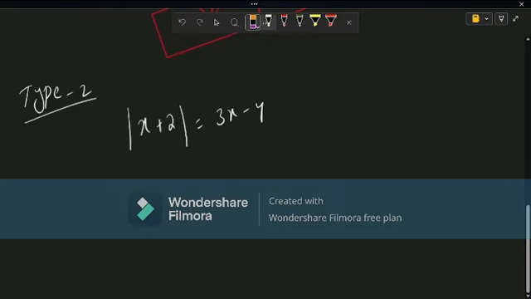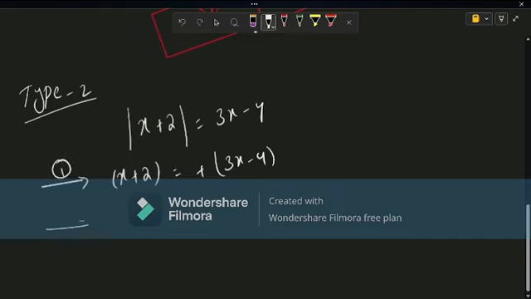Now how can you work? You can work in a similar manner, just equate the two cases. Here two cases will arise. First case would be x plus 2 is equals to plus 3x minus 4. This is my case 1.